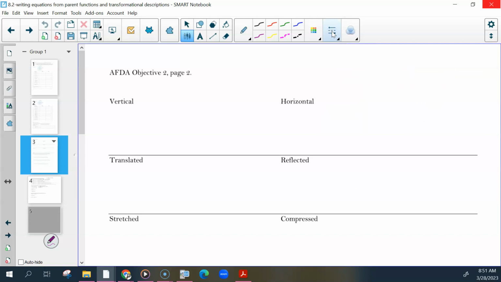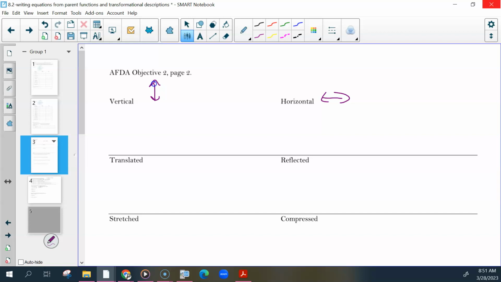So let's talk about the differences between vertical and horizontal transformations. One, you need to know the direction. Vertical is up and down. Horizontal is left and right. Vertical transformations affect outside things.